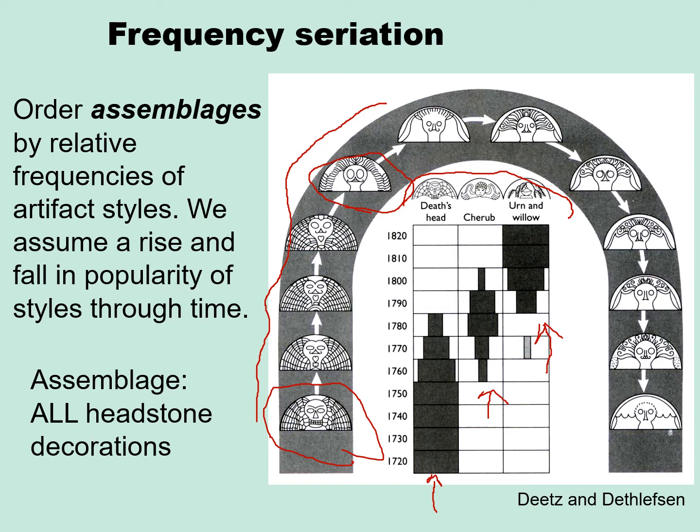And by the end, it was extremely stylized. So by 1790, it would have looked like this one down here. So you can see that even when you're checking assemblages, also within each assemblage, the style of each item in the assemblage may be changing.